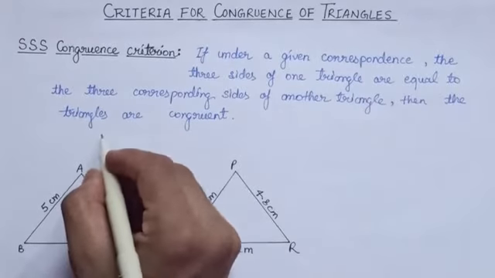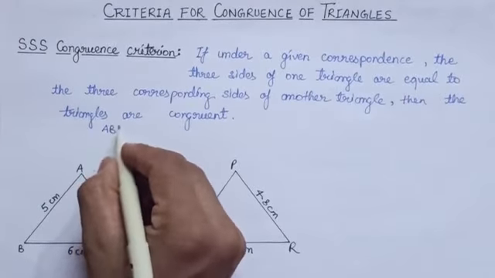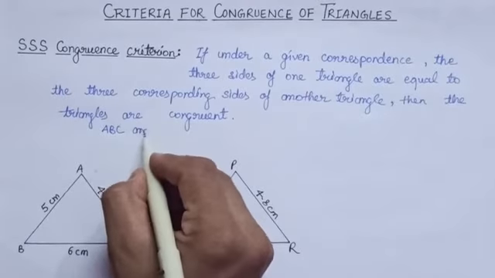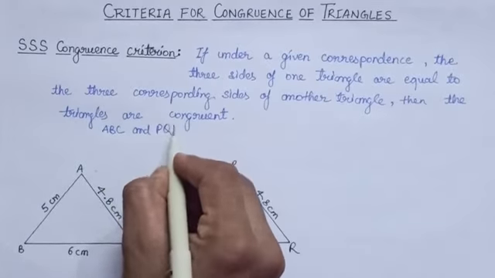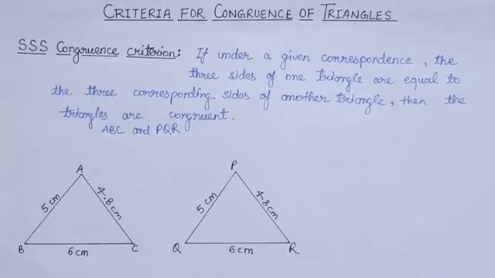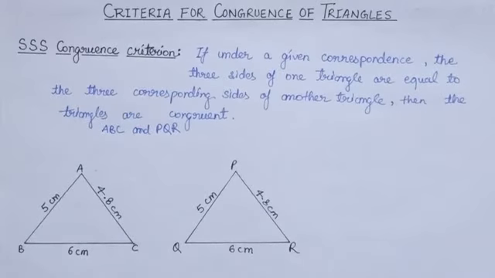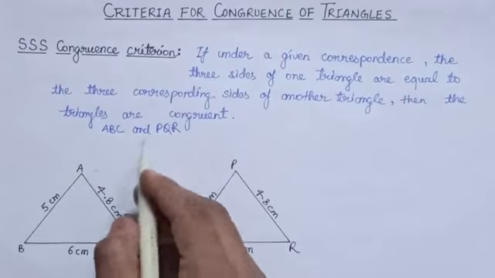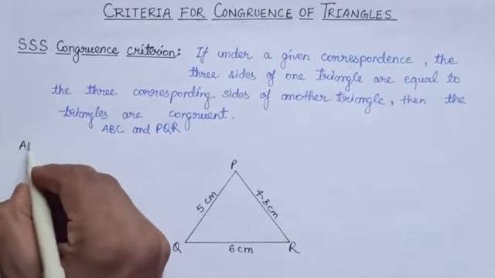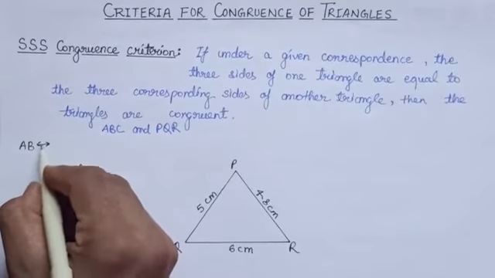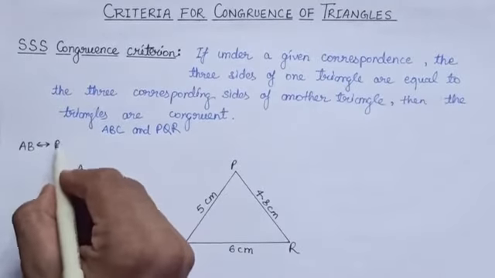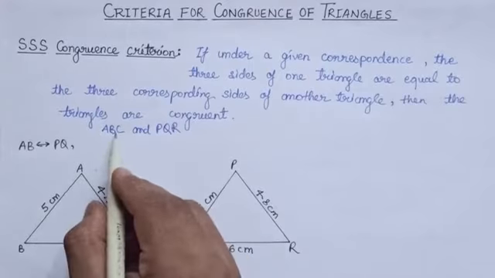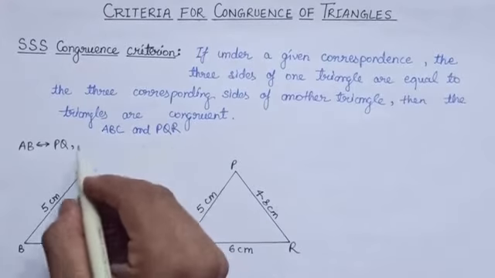If we talk about the two triangles ABC and PQR, then here the corresponding sides are AB and PQ. It means the side AB corresponds to the side PQ. The side BC corresponds to the side QR.